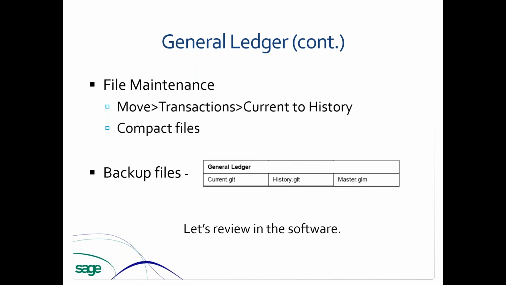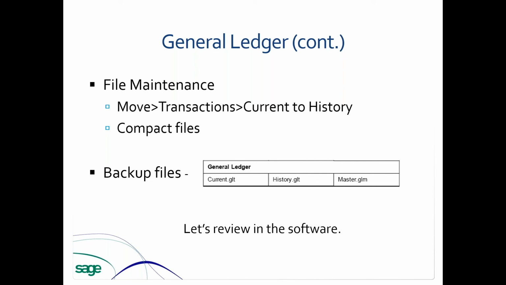Okay, maintenance for general ledger, same as the other modules. Go ahead and move your transactions current to history. You know, I think it's up to you if you want to. I don't see that much trouble leaving transactions in the current file in general ledger.